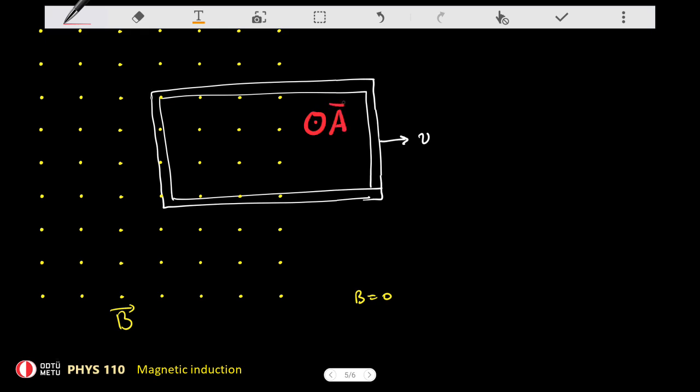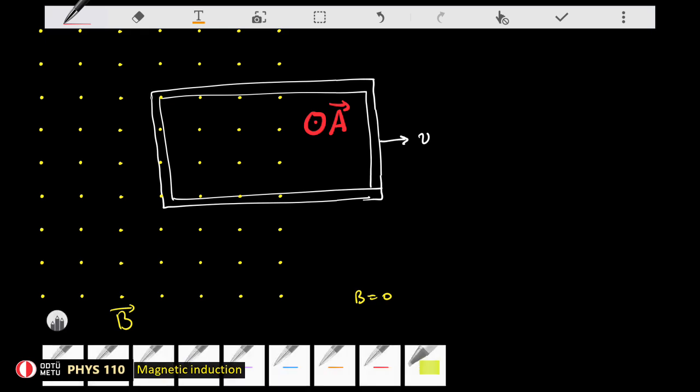So let's choose a direction for the area in the outward direction. So flux would be positive in that case. Doesn't matter what it is, but probably that's the best way. So in the outward direction, out of the screen, the flux is positive, but it is decreasing.